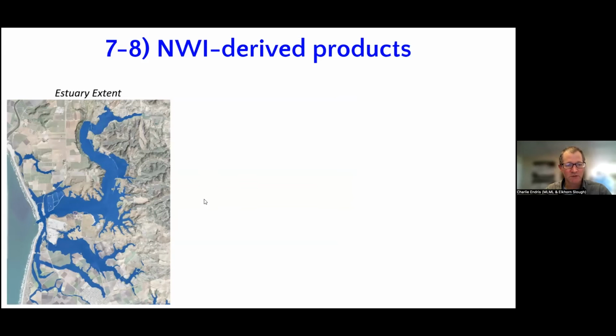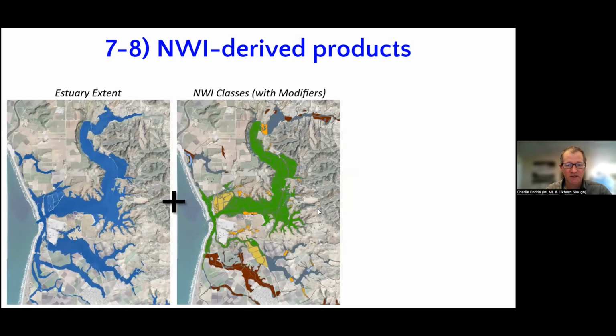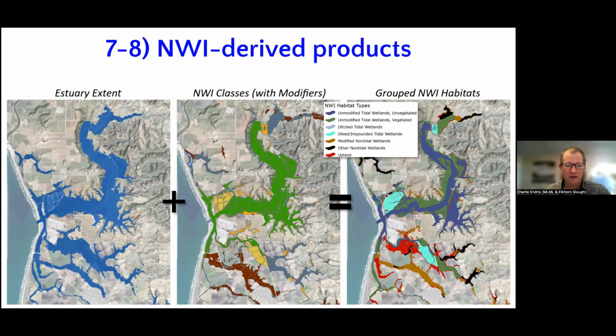Another product: we're taking that estuary extent layer, and we're also unioning it with the full NWI, all of the different classes, the tidal, the freshwater, the modifiers, everything, so that we can see all of the NWI classes that are falling within this estuary extent.